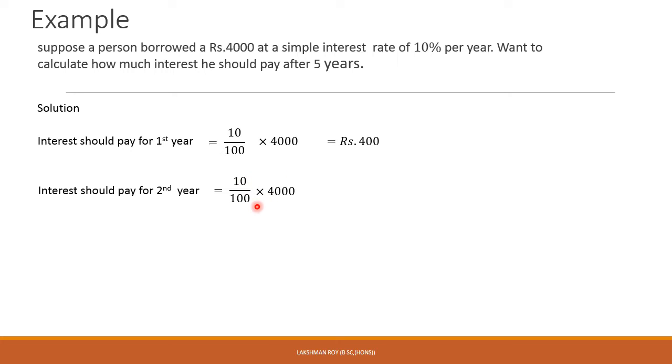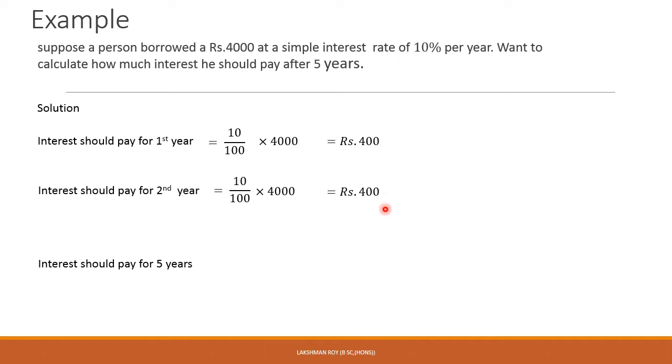Then with the same simplification, again 400 rupees. Now you can see here, interest for the first year is 400 rupees, interest for the second year is 400 rupees. That means in a year, 400 rupees interest, right?